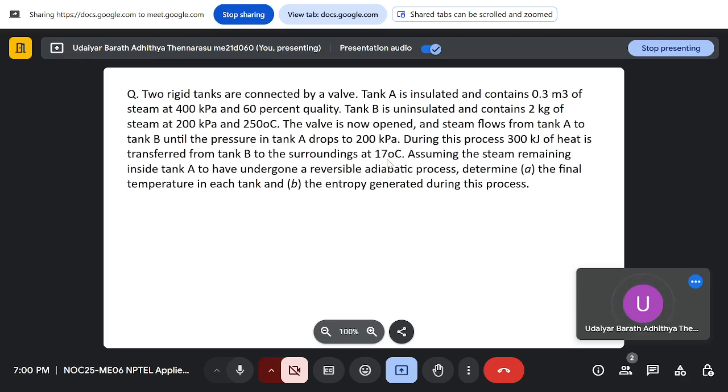Now after the valve is opened, steam starts flowing from tank A to tank B, and tank A pressure drops to 200 kilopascal. So all comes into equilibrium at 200 kilopascal.